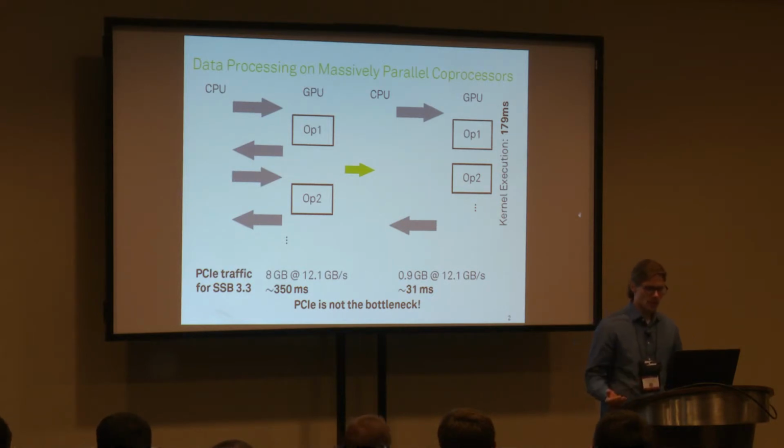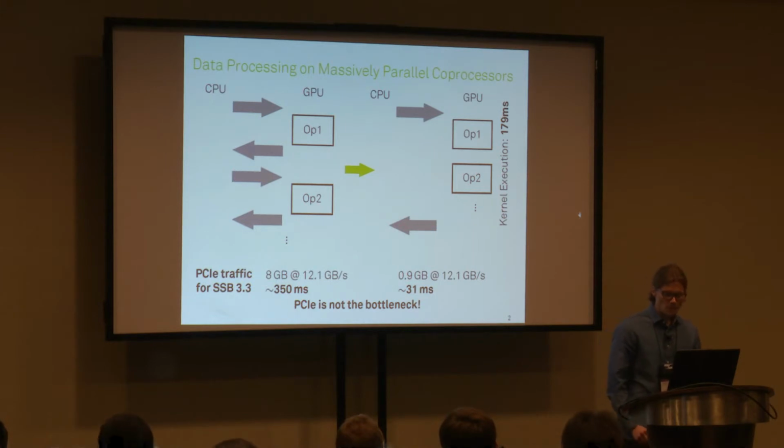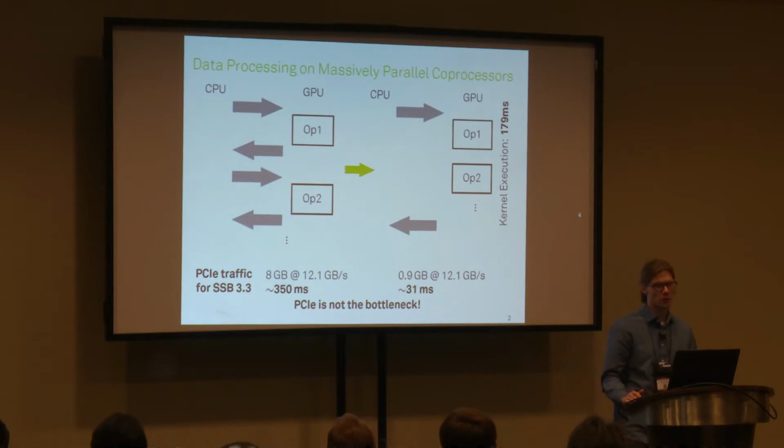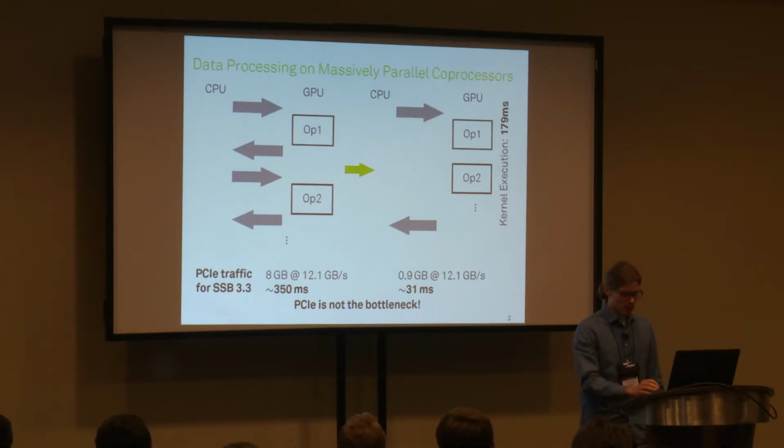Although this is a simple technique, it has a big effect, and we can see that when it's applied, actually, PCI Express is not the bottleneck at all. The execution time on the coprocessor for SSB 3.3 takes much longer, here 180 milliseconds, than the transfer time.